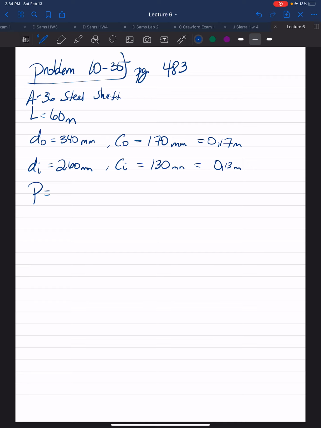The power is 4.5 megawatts, which mega means 10 to the 6. This is 4.5 times 10 to the 6 Newton meters per second.